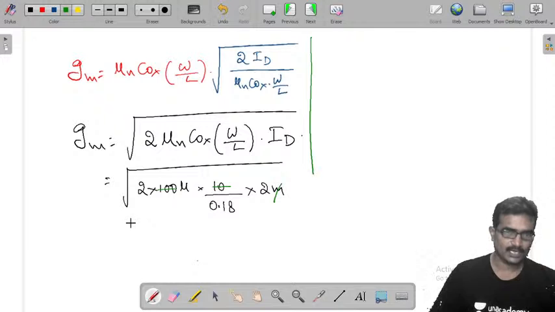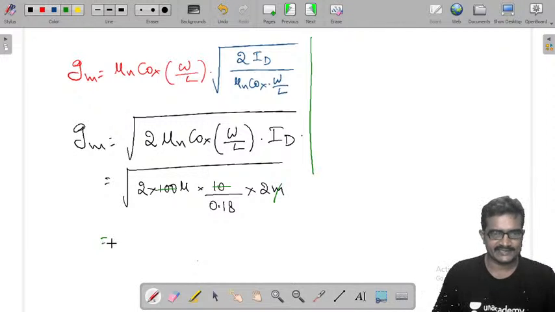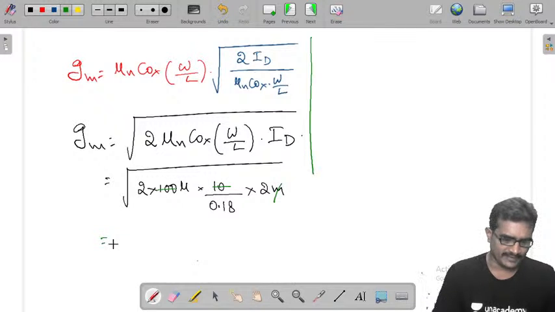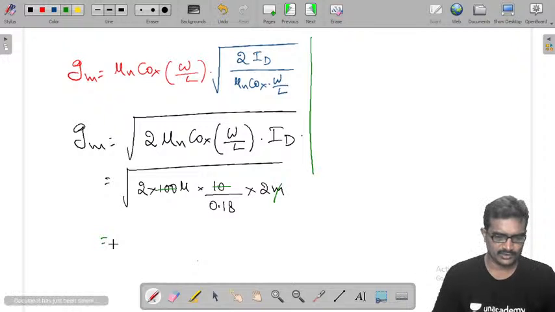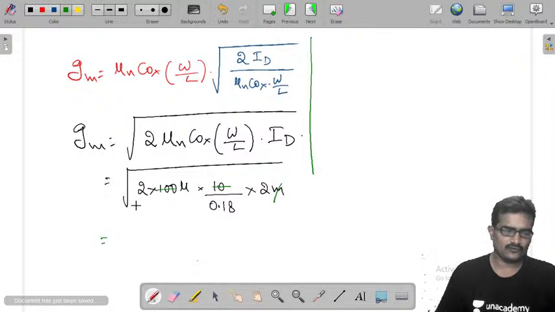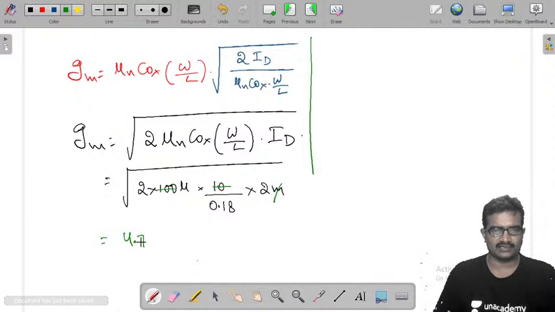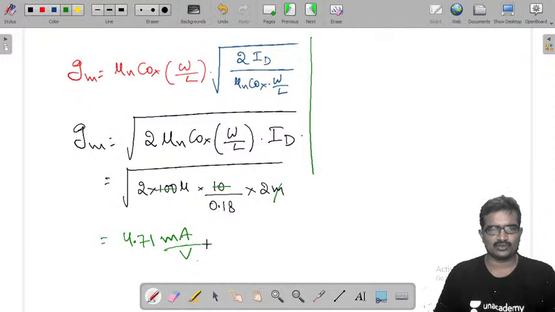So it is 4 by 0.18. It is square root, 4.71 milli, because taking micro out of the square root it became milliamps per volt.